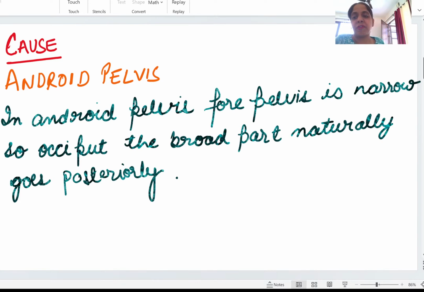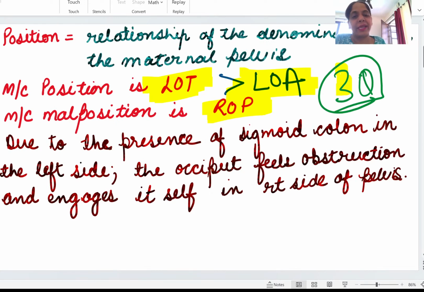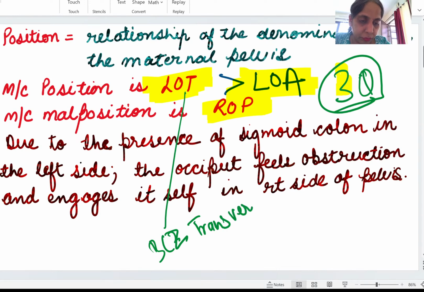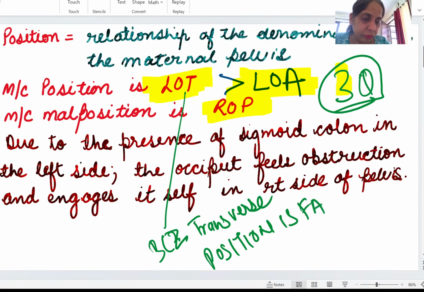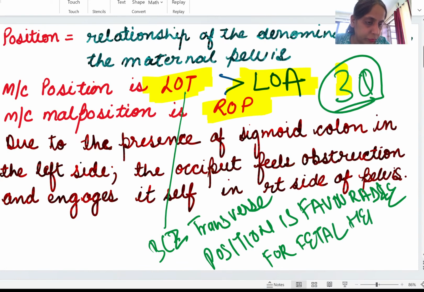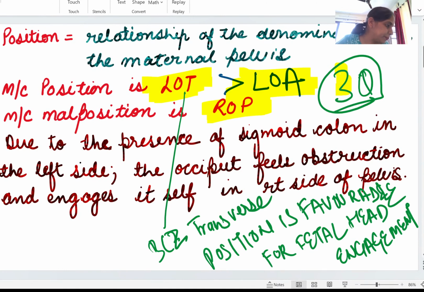Transverse position is favorable for engagement of the fetal head. Is it okay?